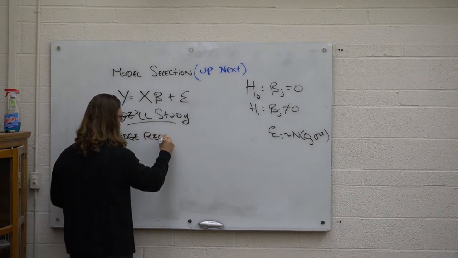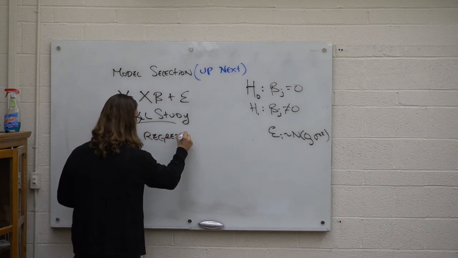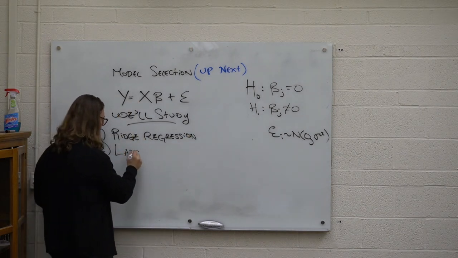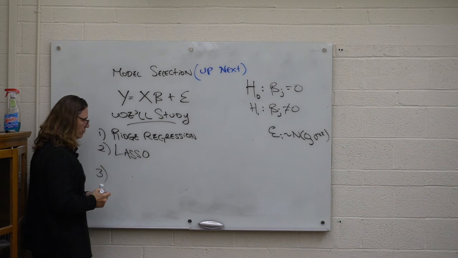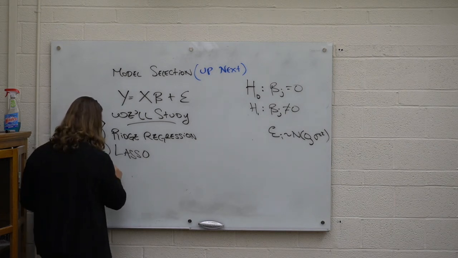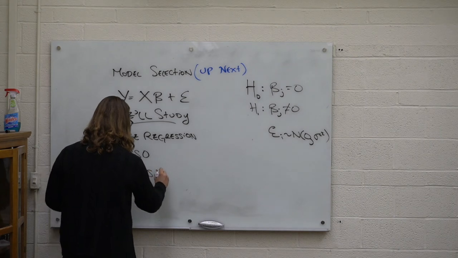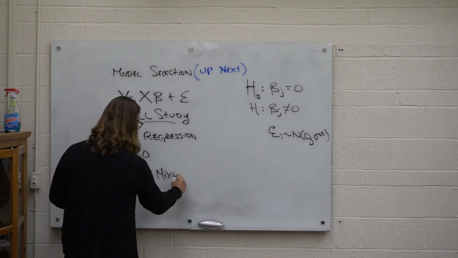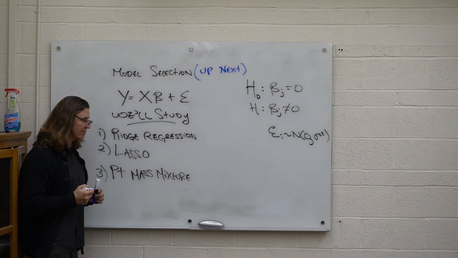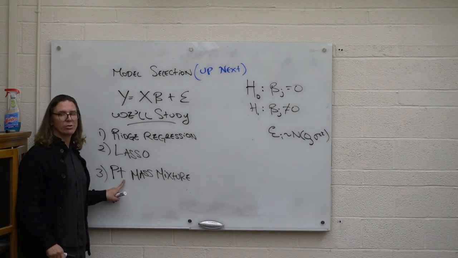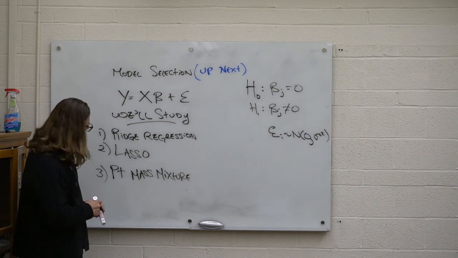A lot of you are probably familiar with this already, but there's a Bayesian incarnation of it. We're going to study the lasso, and we're going to study point mass priors, like we did in the case for hypothesis testing. This actually is my favorite thing to do, but it's the most computationally intensive thing to do.